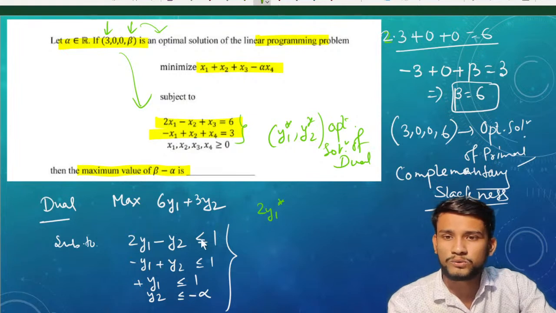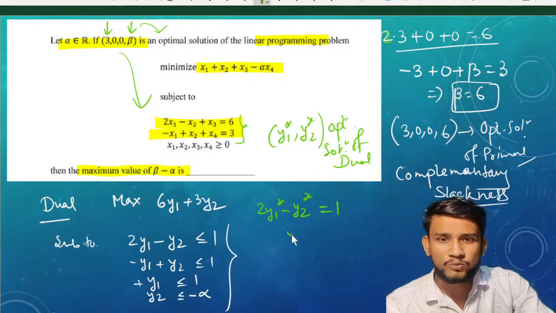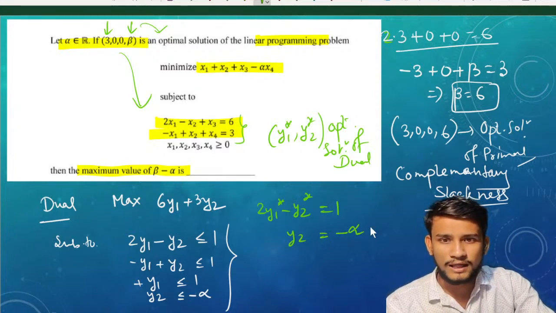That means 2y1 star minus y2 star is equal to 1, and y2 star from the fourth is equal to minus alpha, I think.